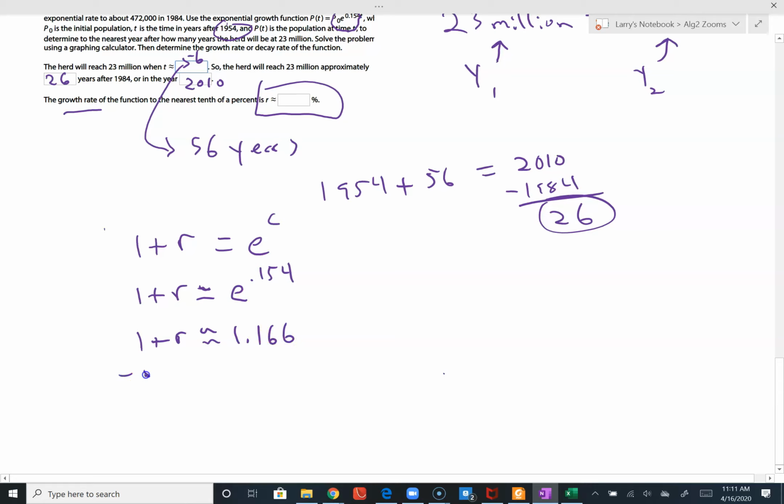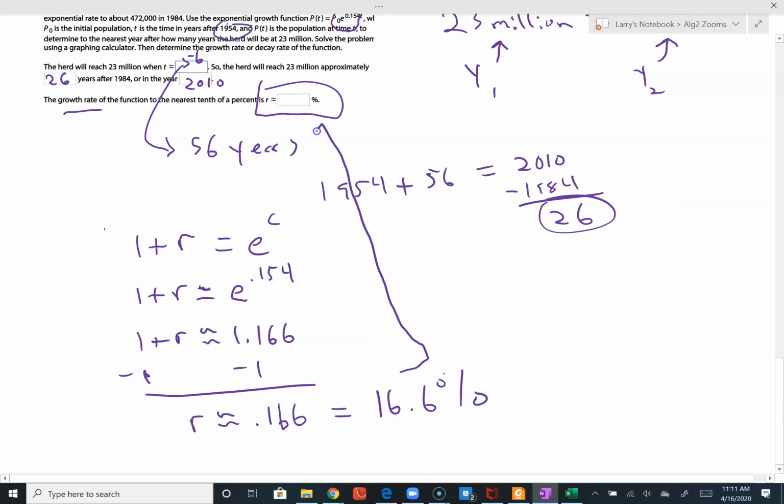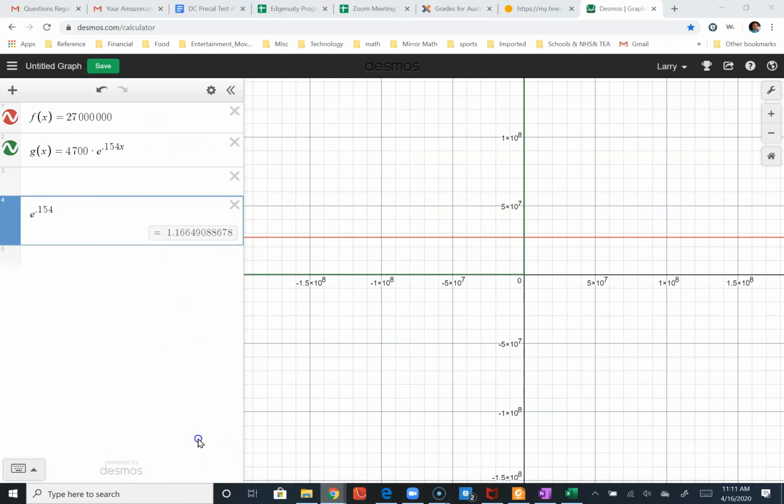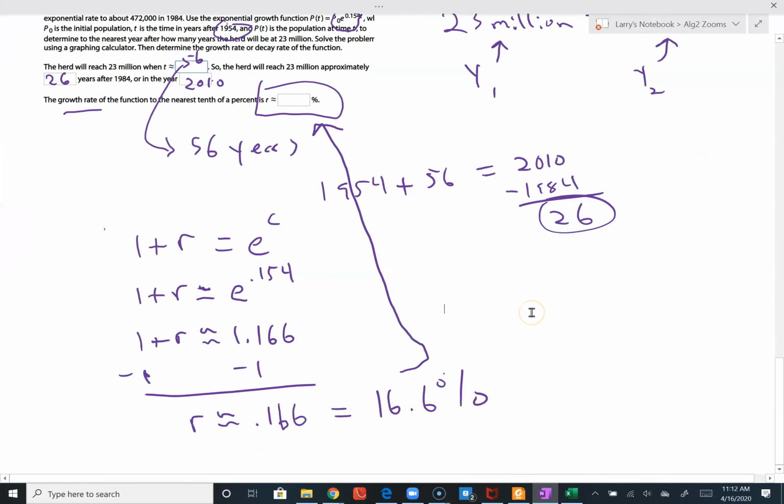While solving for r, we'll subtract 1 on both sides. So r is approximately 0.166, and we'll convert that to a percentage by moving it over 2 decimal places. This is 16.6%. It says to the nearest tenth of a percent, so it might be 0.6, might be 0.7. I noticed mine was very close to 0.5. The next digit was like 49. So that 49 there, this very easily could be a 7 there. So just be sensitive that we're rounding to this decimal place. That concludes this video.